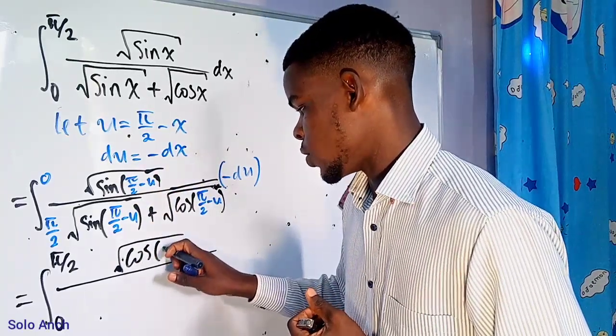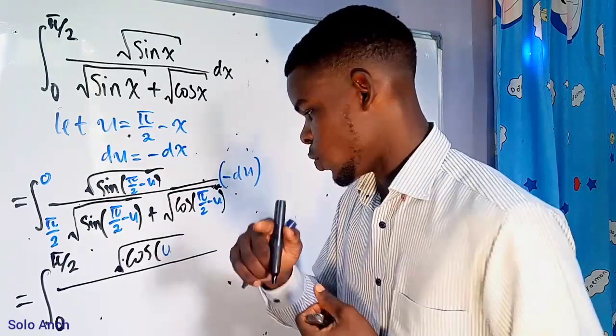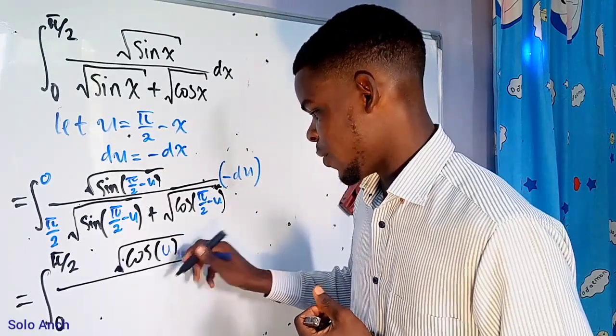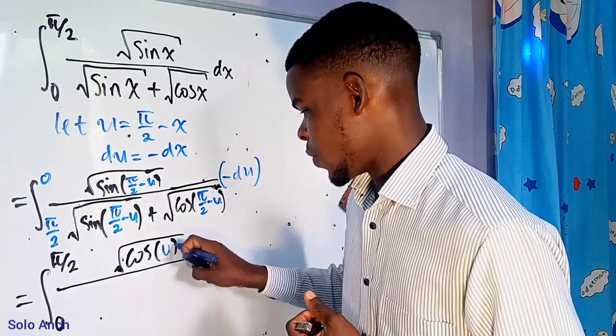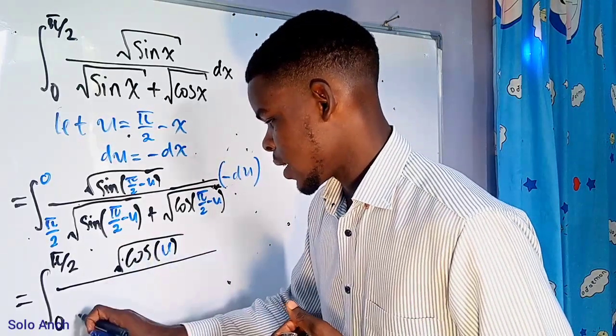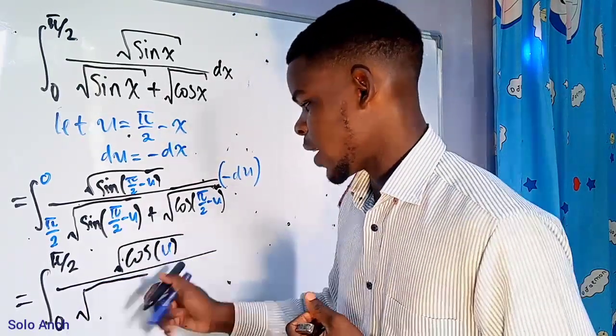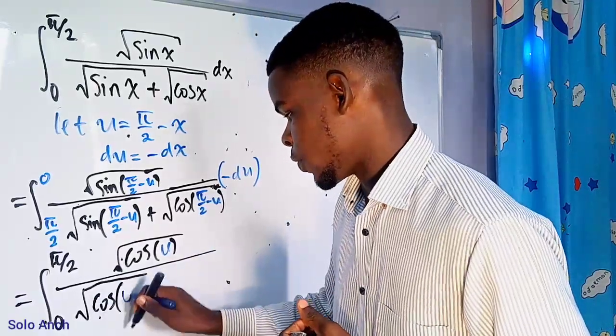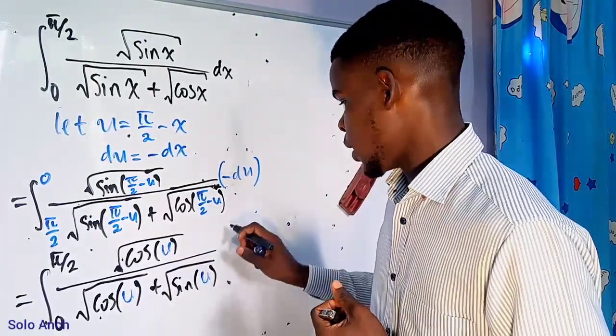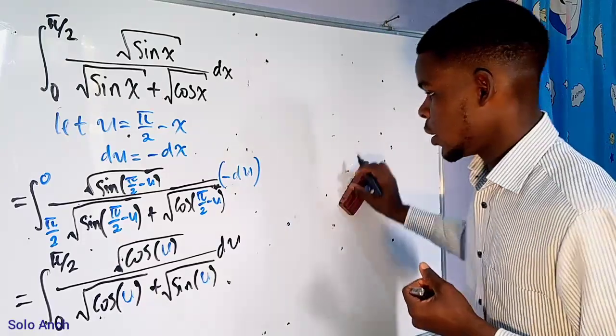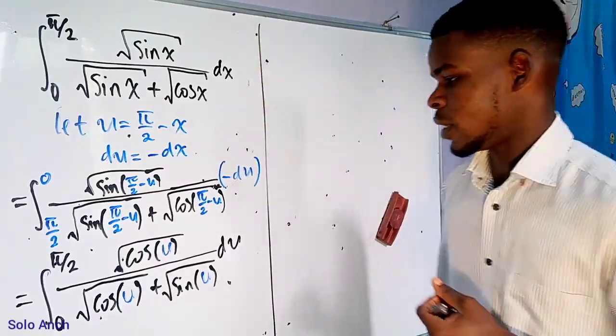And that angle here is u, the English alphabet letter u. And then we have the square root of the other term. Okay, that's nice. So let's see what we have from there.